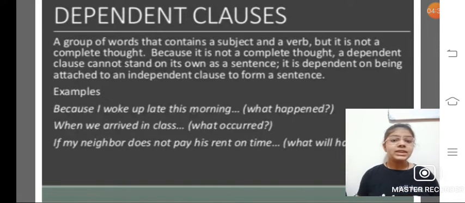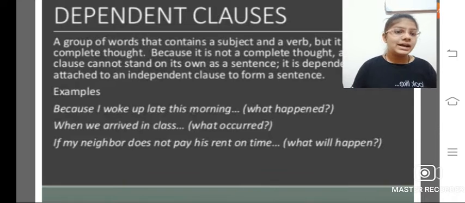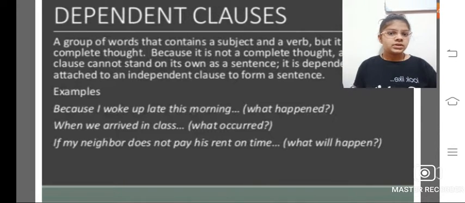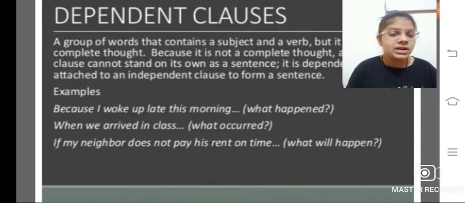Then third: if my neighbor does not pay his rent on time. You could say something like, if my neighbor does not pay his rent on time, then I'll see him. That's the kind of example.